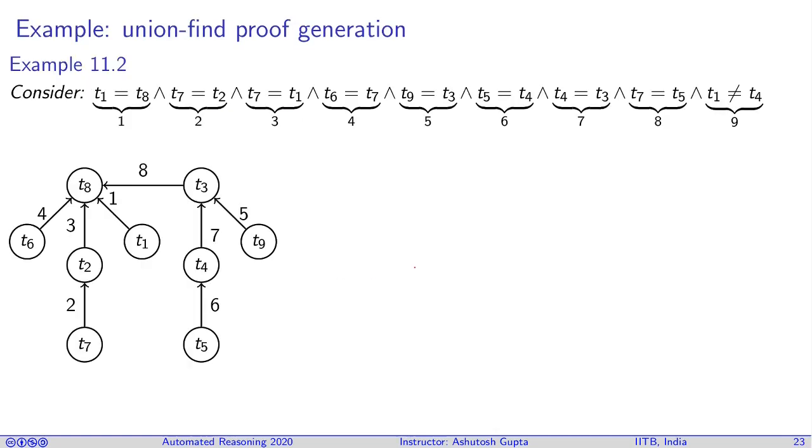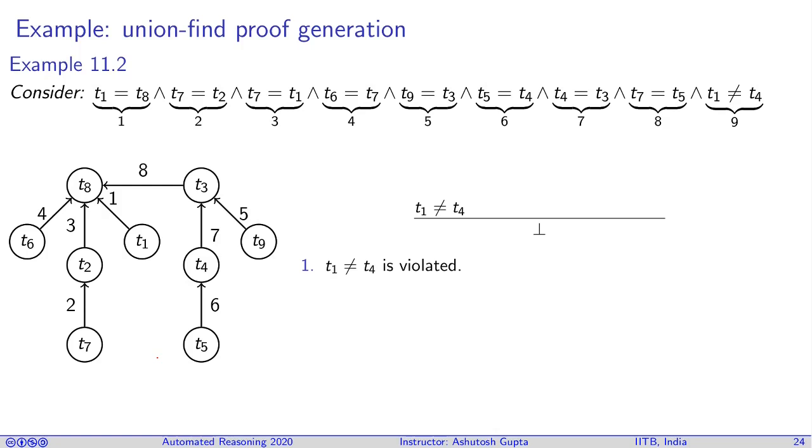Right. So let's look at how this works in our example. We had this set of equalities and one disequality, and we had a contradiction, and we had created this tree to represent our equivalence classes, and it is saying T1 is not equal to T4. So clearly T1 not equals T4 is part of your proof, and somebody contradicted it.